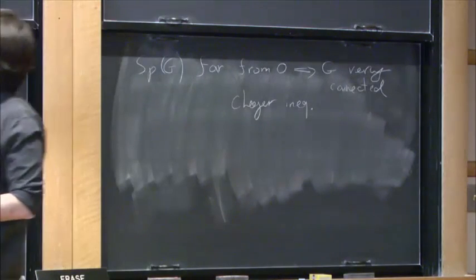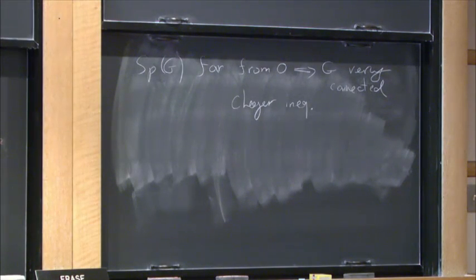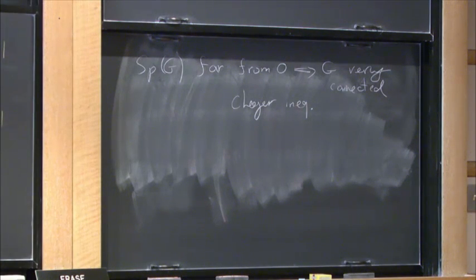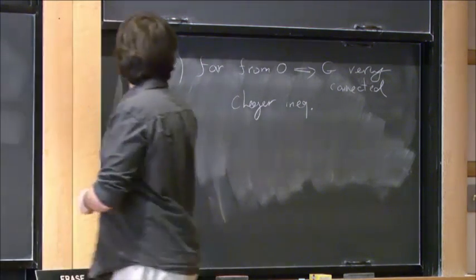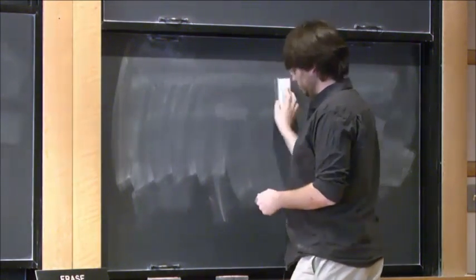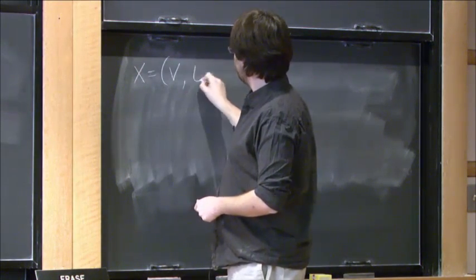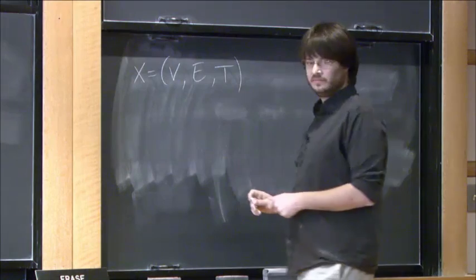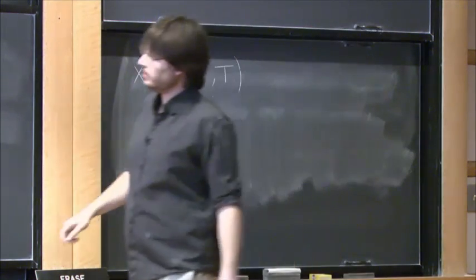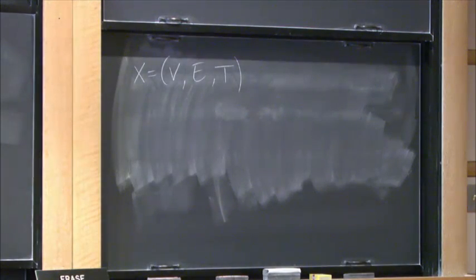So we're moving up. Now we have a triangle complex. So it has vertices, edges, and triangles.